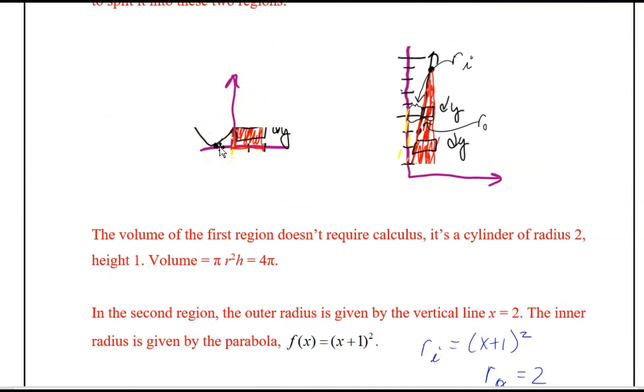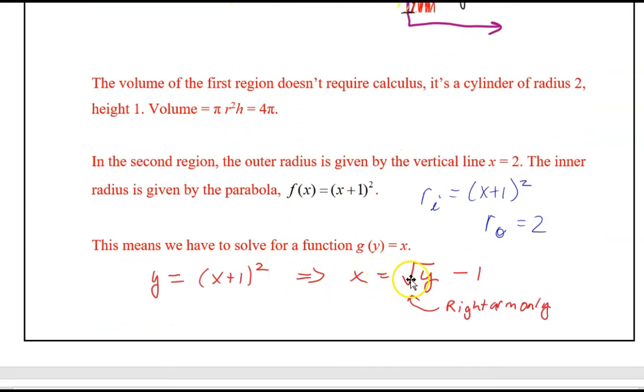The right arm of the parabola is the positive arm. The left arm is the negative arm. We include only the positive, and that gives us the square root of y. Then we move the 1 to the other side by subtracting 1. This gives us a function of the variable y solved for the variable x.